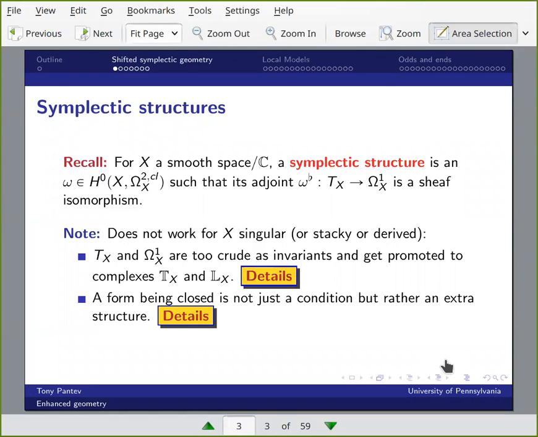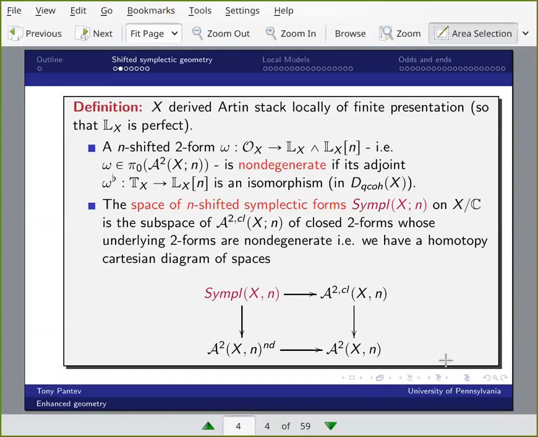And now let me talk about the symplectic forms. So if you have one of these derived stacks, which are smooth, locally affine presentation, then an n-shifted two form is just an element in the second wedge power of the cotangent complex shifted by n. It's non-degenerate if, when you contract with this guy, you get a map from the tangent to the shifted cotangent complex, which is a quasi-isomorphism.